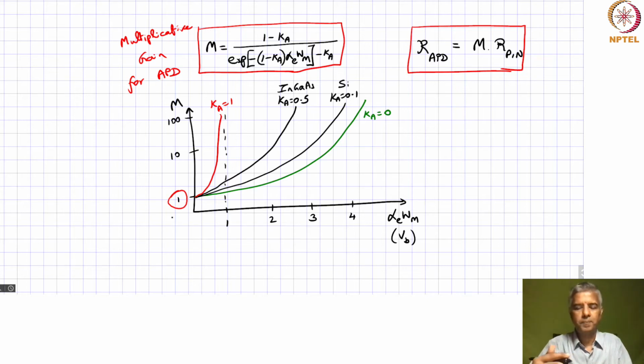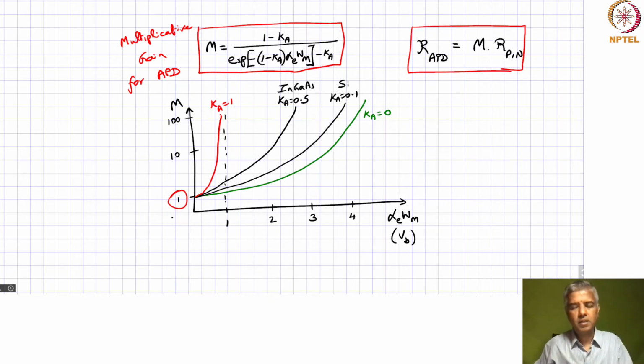But beyond that, you can actually get some multiplicative gain, and through that you can improve the responsivity of the photodiode, which corresponds to the amount of photocurrent that you generate for a certain amount of optical power that's incident on the photodiode. Now hopefully that's clear.